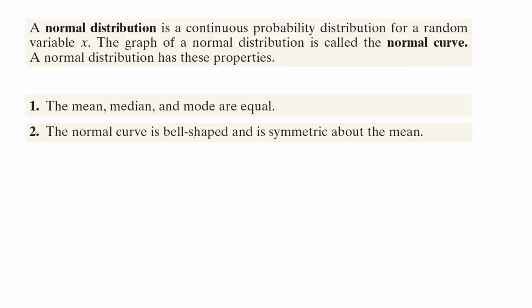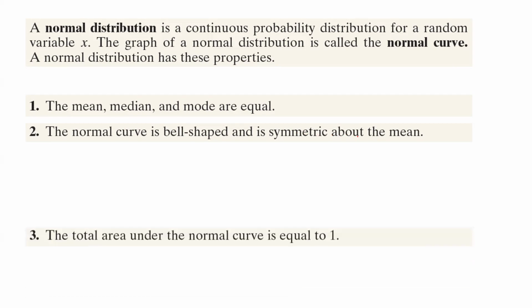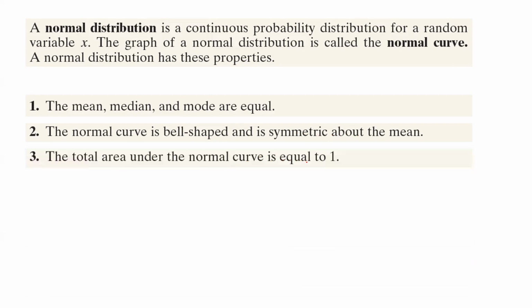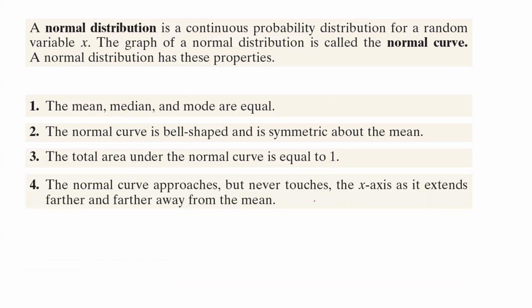The normal curve is bell-shaped and symmetric about the mean. The total area under the normal curve is equal to 1, or 100%. The normal curve approaches but never touches the x-axis as it extends farther and farther away from the mean.